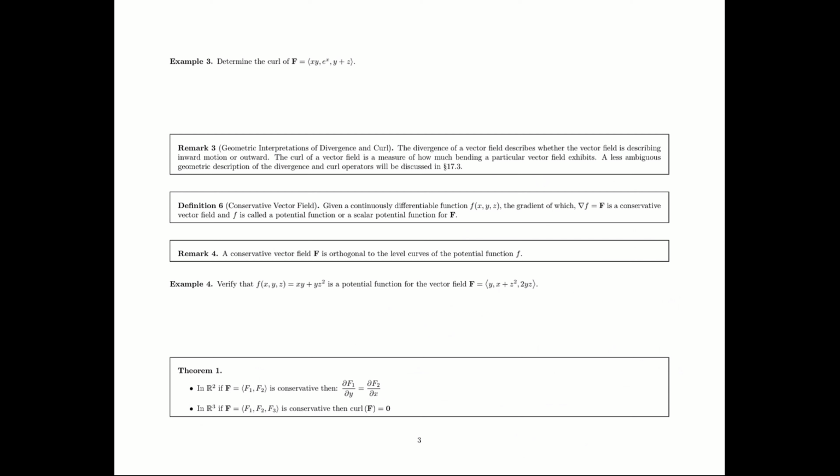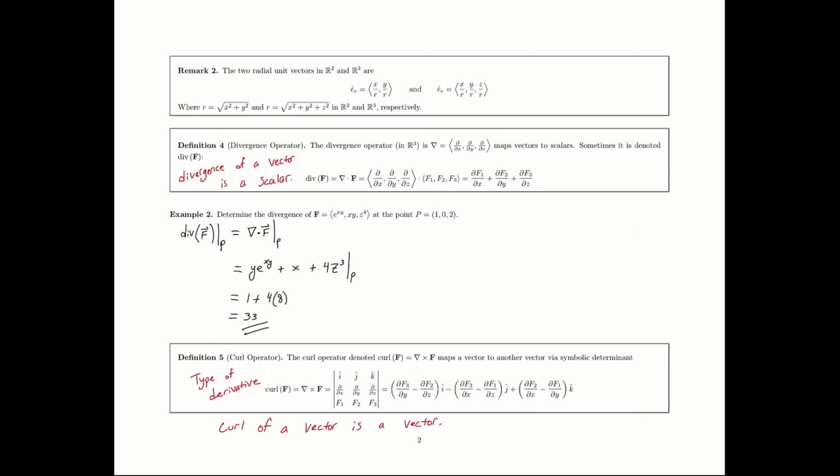Example 3: determine the curl of the vector field F. To determine the curl, if we go back for a second, the curl is effectively a cross product, del cross F. We can do our usual determinant, but the main thing is we have these instructions to take the appropriate derivative along the middle.